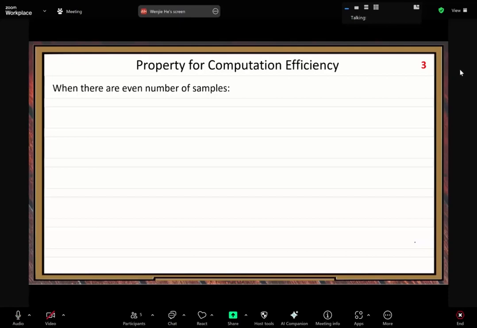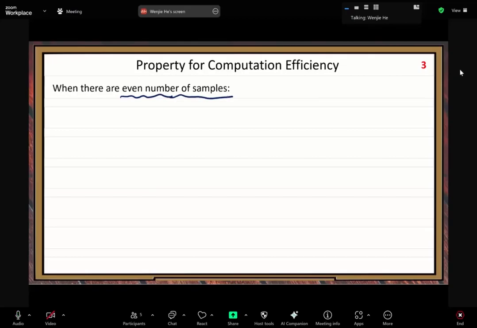So for the property, we consider the special case, not the general case. For fast Fourier transform, we want to use some special structure: an even number of samples. For an odd number of samples, we cannot use fast Fourier transform directly.